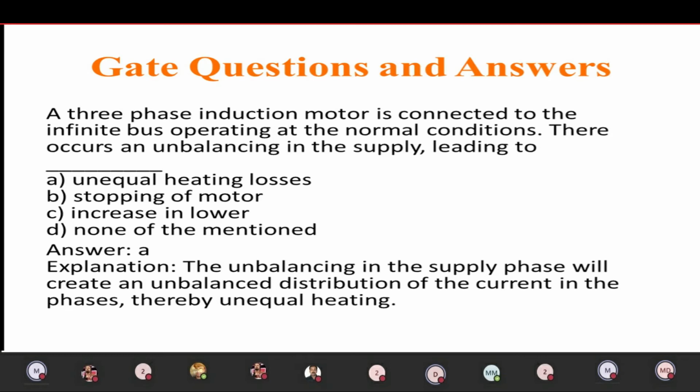So they will distribute the unbalanced current, and every phase has an unequal current value. This will lead to unequal heating. The winding with high current flowing gets a highly raised temperature, while the others have normal temperature.